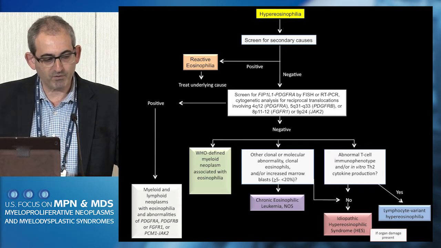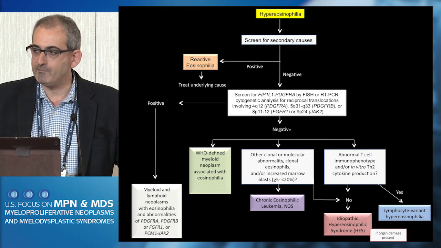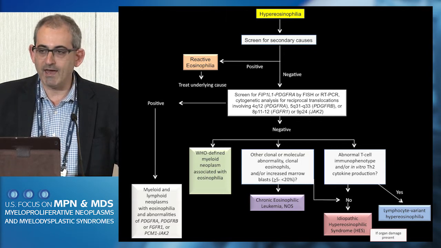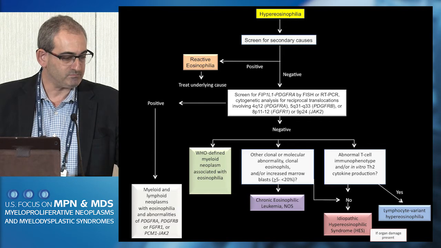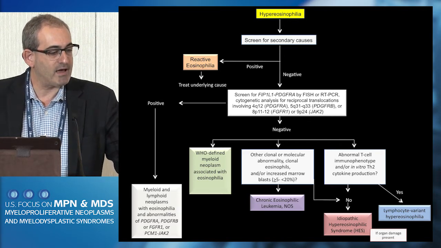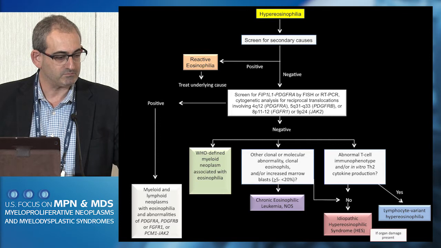If patients are negative for any of these translocations, then I look for a WHO-defined myeloid neoplasm associated with eosinophilia like SM or MDS. If that does not exist, then I look at the bone marrow and peripheral blood to see if there are increased blasts or another molecular cytogenetic abnormality, in which case the patient may meet criteria for chronic eosinophilic leukemia not otherwise specified.